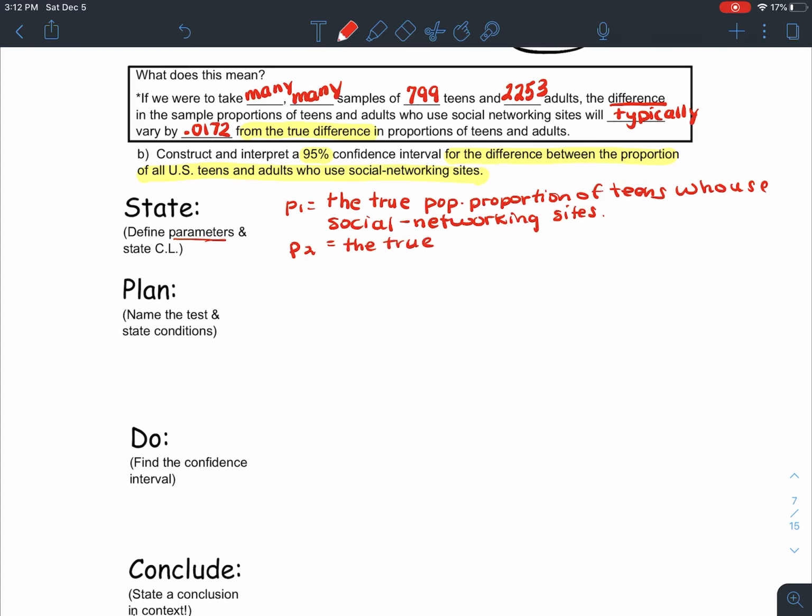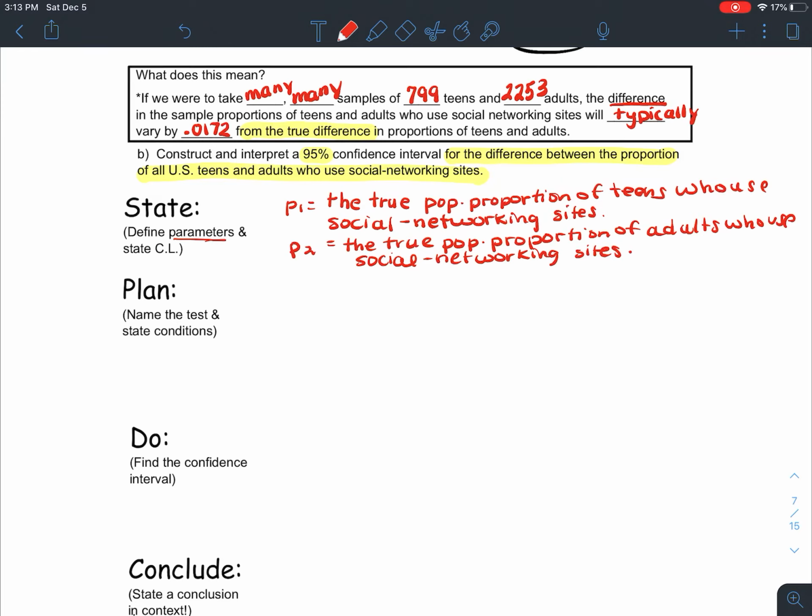Okay. P sub 2 is going to be that same information, but it's going to be about the adults. So it's the true population proportion of adults who use social networking sites.